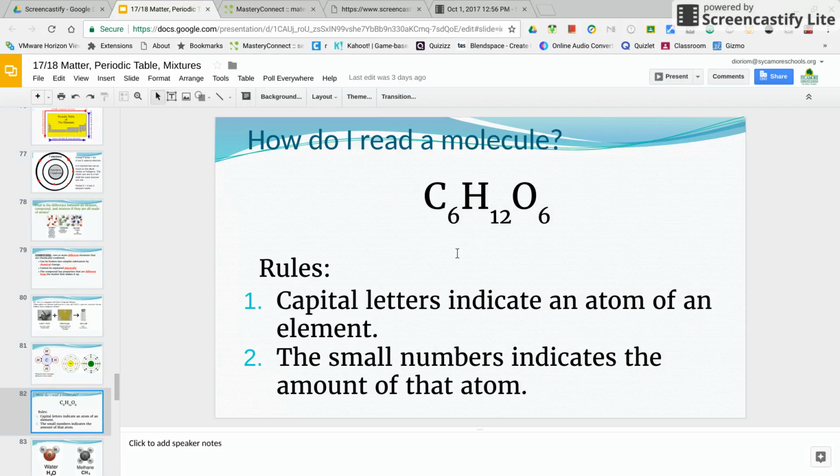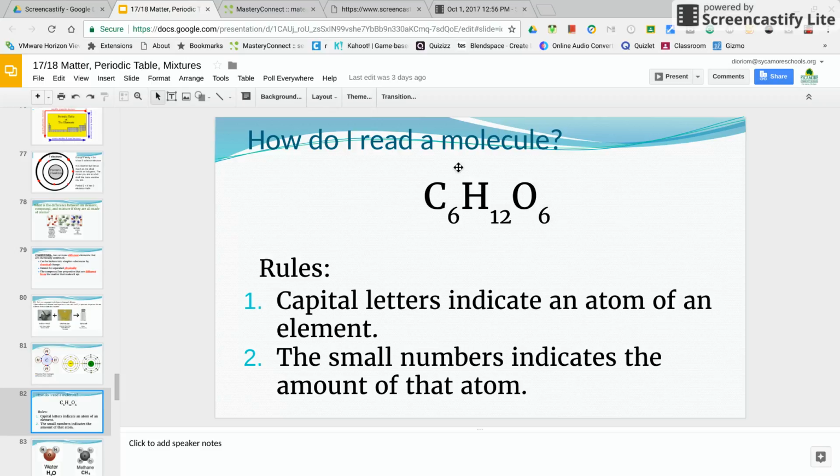Oftentimes, that compound gets its own chemical formula or chemical symbol. Here I have a compound or a molecule that is made up of three different elements: carbon, hydrogen, and oxygen. And I can see how many atoms make up each molecule. So this particular molecule has 6 carbon, 12 hydrogen, and 6 oxygen.